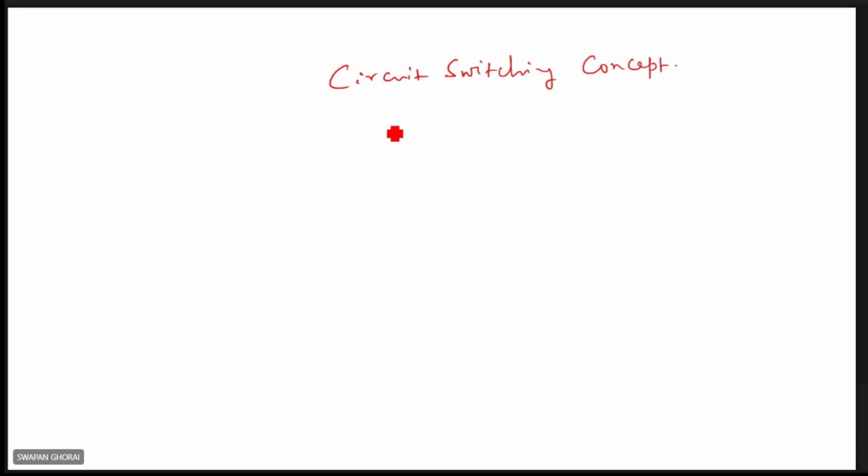Let us consider a particular circuit switching node. A circuit switching node consists of three main elements. You have seen that nodes are used to connect the stations, and nodes are also connected to other nodes. So let us consider a particular node that consists of a collection of stations attached to a central switching unit.